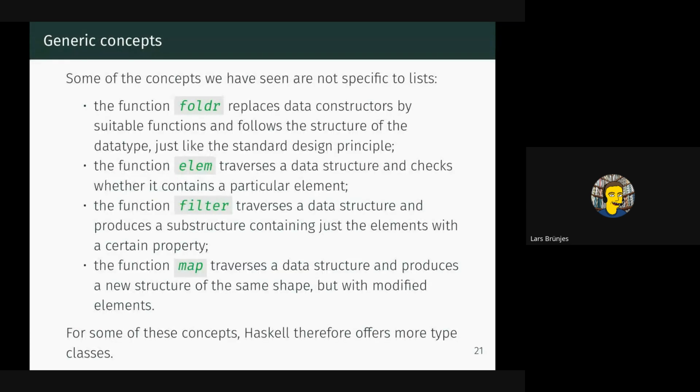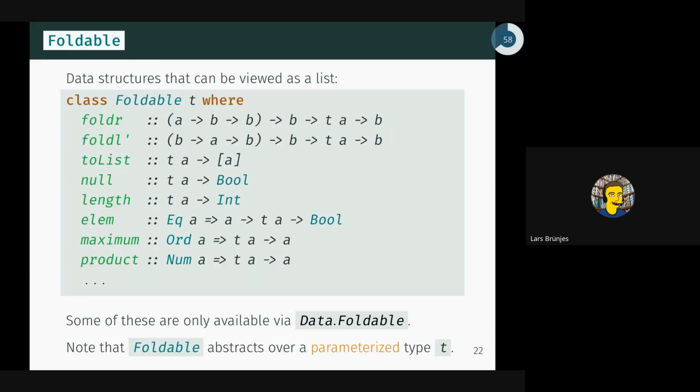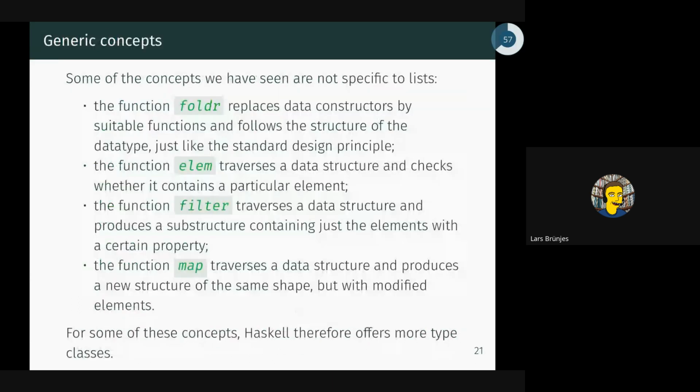So for example, foldr replaces data constructors by suitable functions and follows the structure of the data type, just like the standard design principle.